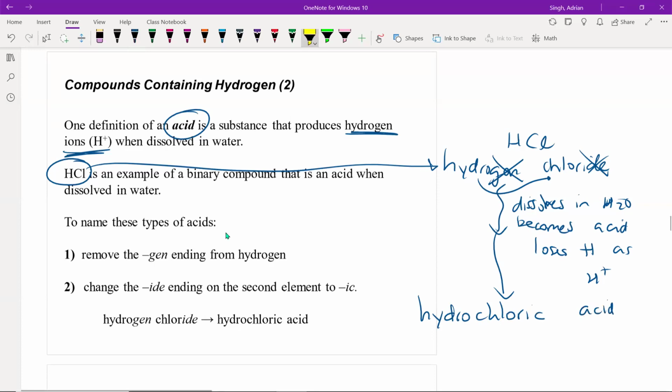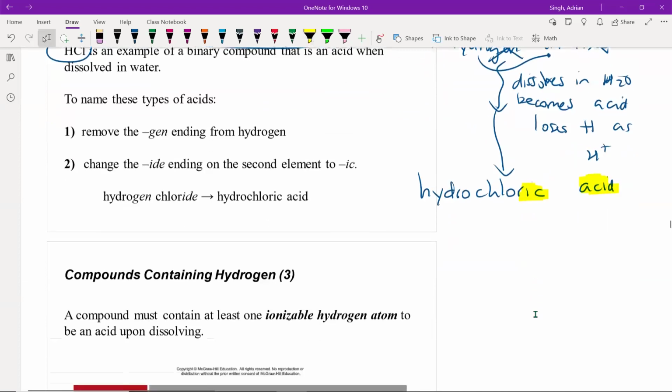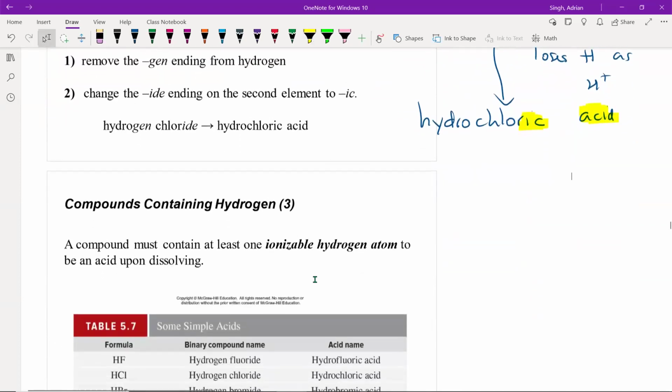Those are the changes that occur when we name it as an acid dissolved in water. It goes from hydrogen chloride to hydrochloric acid. And in order for something to be an acid, again, it has to have an ionizable hydrogen atom. That just means that there needs to be an H that can be lost as an H plus.